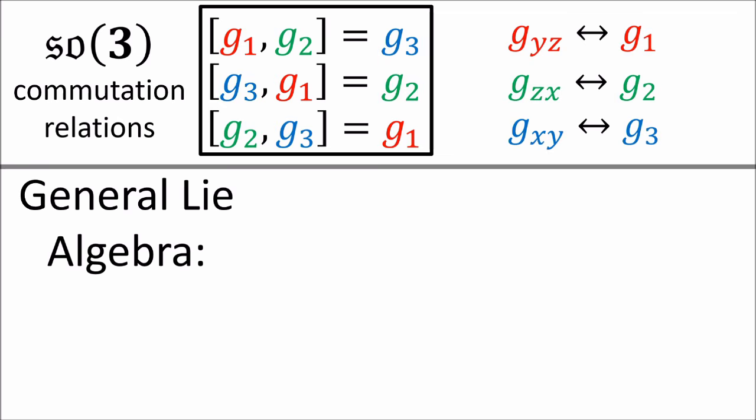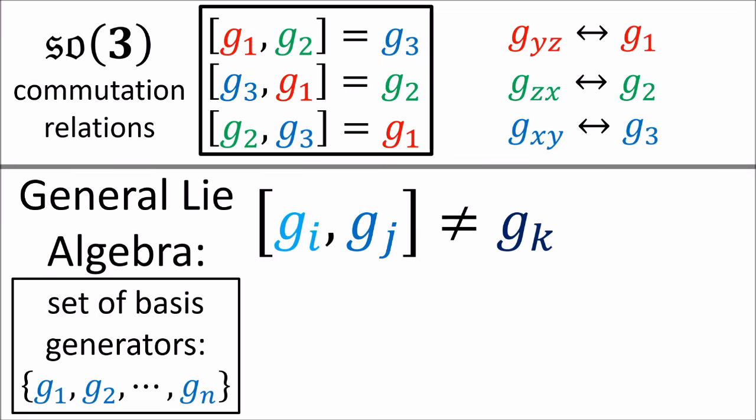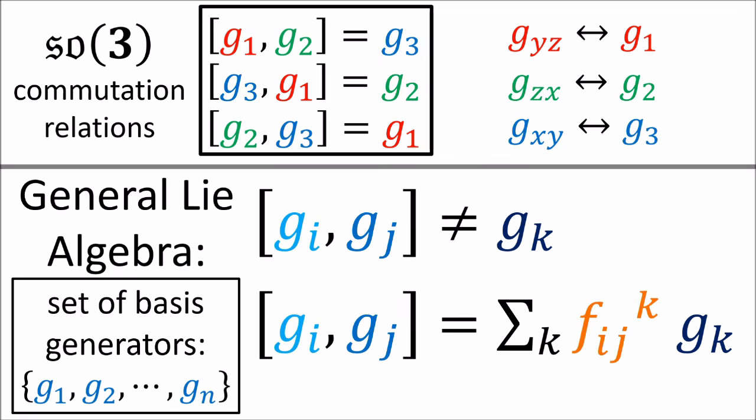Now, in a general Lie algebra, when we have a set of basis generators, the Lie bracket of two basis generators doesn't always give us back another basis generator.